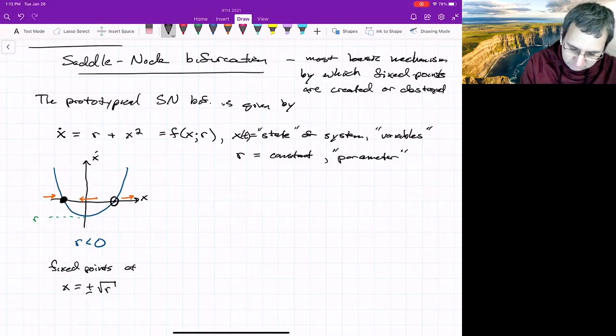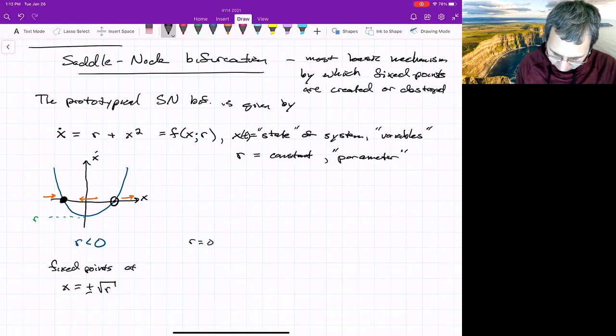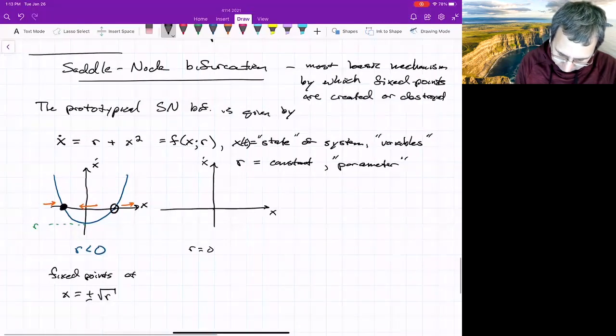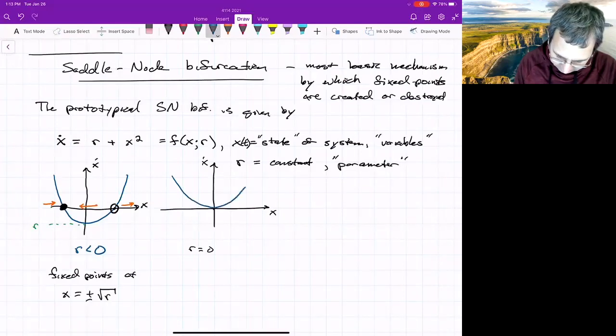We could look at changing R, right? If we change R, so let's try R equals 0. What do we get for that case? We get this parabola intersects the x-axis right at 0.